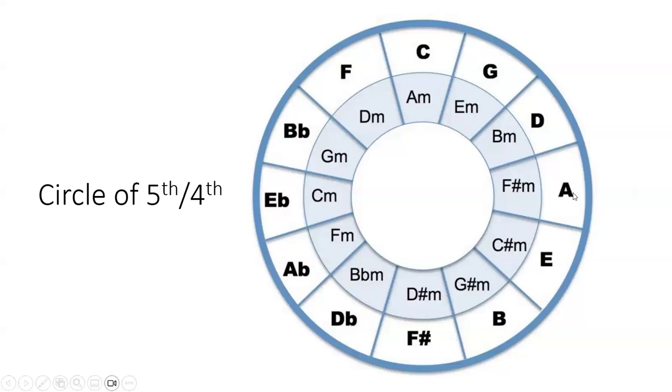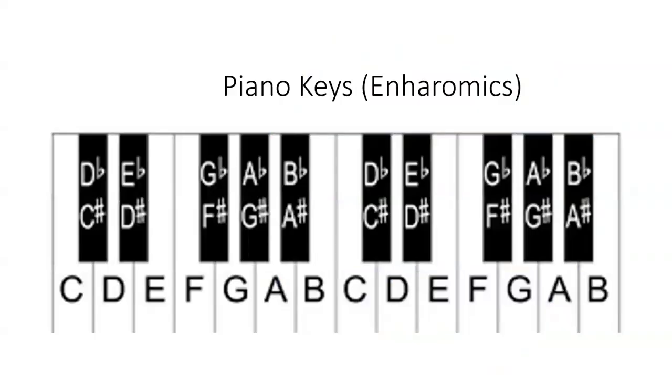D to A to E, E to B, B to F sharp, and then we go around that. Again, we'll look at using it in more depth as we go along, but that's a good diagram to start getting familiar with, being able to write that circle out and understand how it's made up.